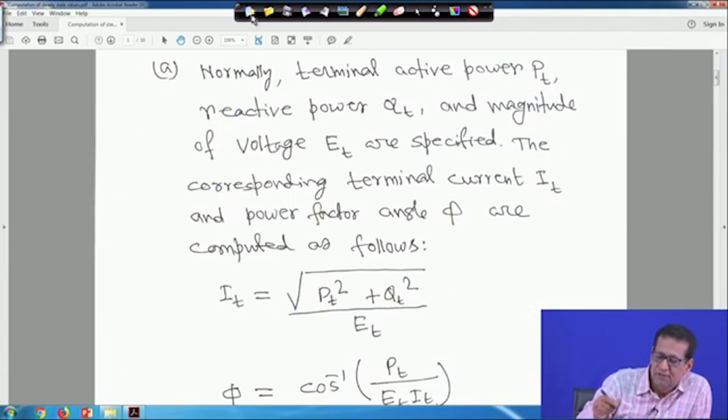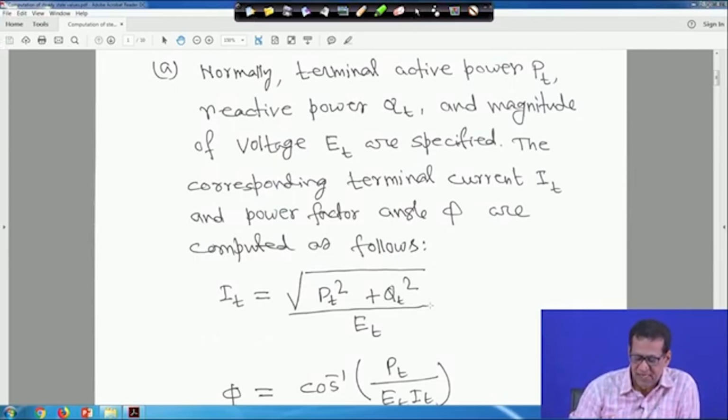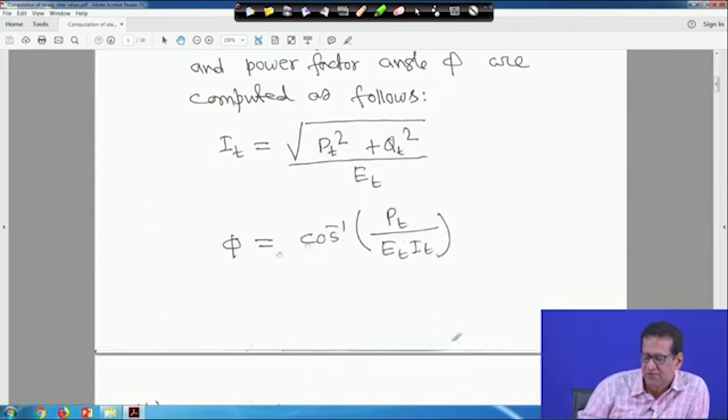Similarly, the power factor cos phi will be Pt upon Et IT. Et is the magnitude, IT is the current. Pt is the real power and Et IT is the volt ampere, therefore cos phi will be Pt upon Et IT, therefore phi is equal to cos inverse Pt upon Et IT, right.